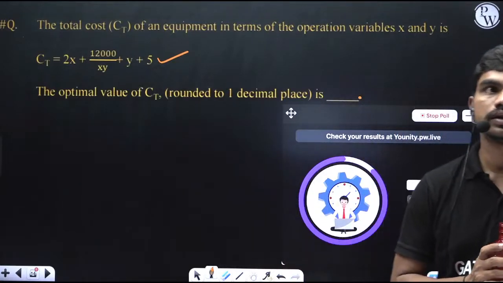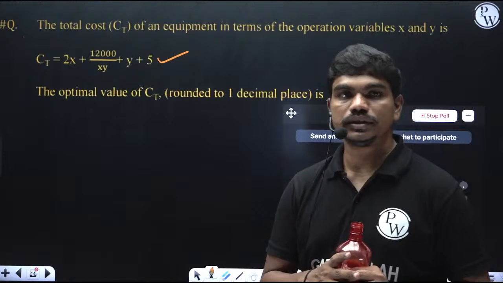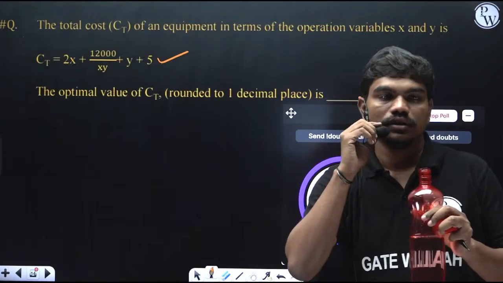Zero is what you're getting as the answer? So the optimal value of CT is 0, which means you get it for free.